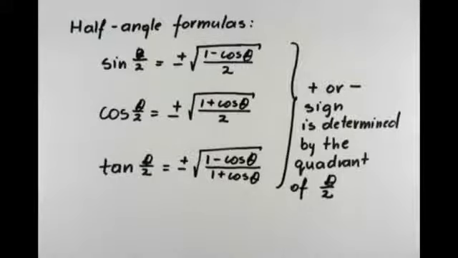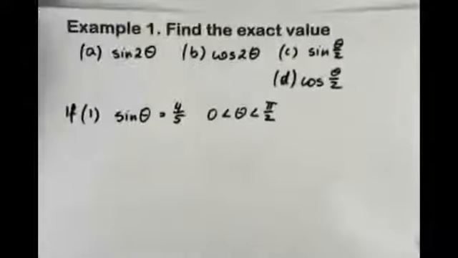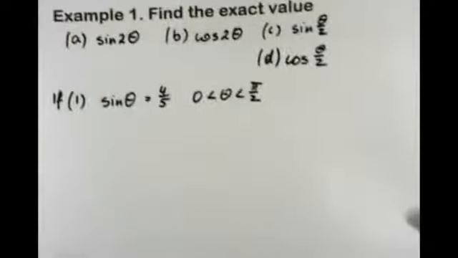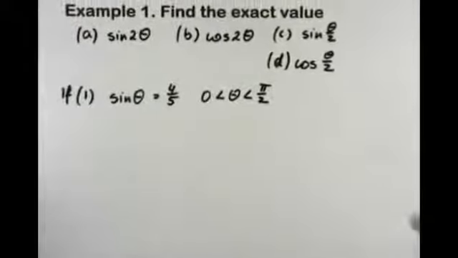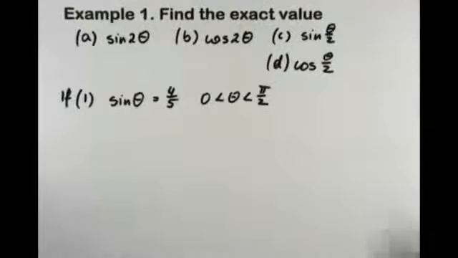And now we have examples. Find the exact values of sine 2 theta, cos 2 theta, sine theta over 2, and cos theta over 2, if in the first case we have that sine theta is 4/5 and theta is between 0 and pi over 2.